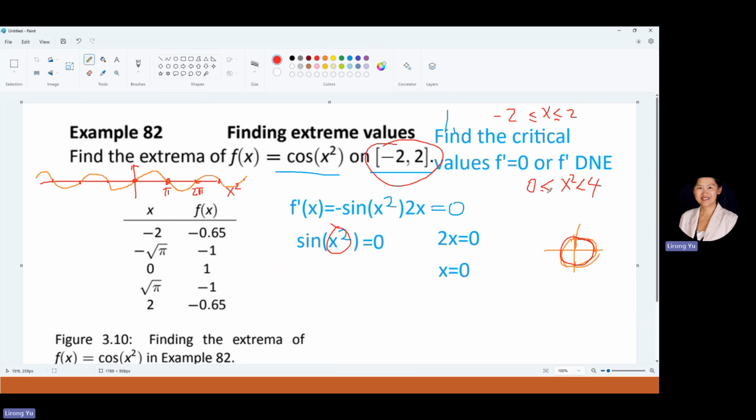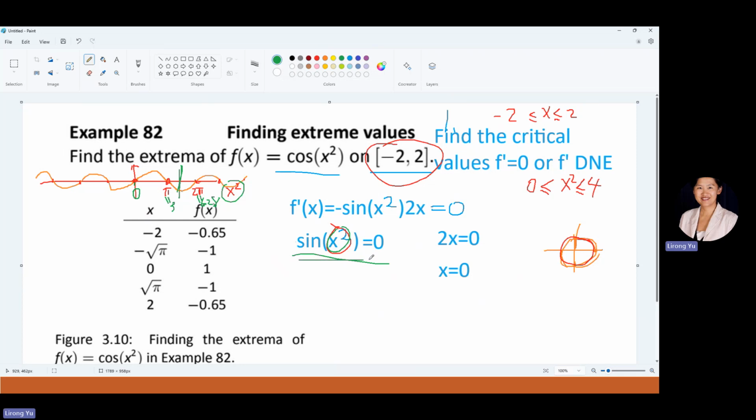So x squared is between 0 and 4. So the angle value x squared is between 0 and 4. Where is 4? 2 pi is 6.28, and pi is about 3.14, so 4 is over here.